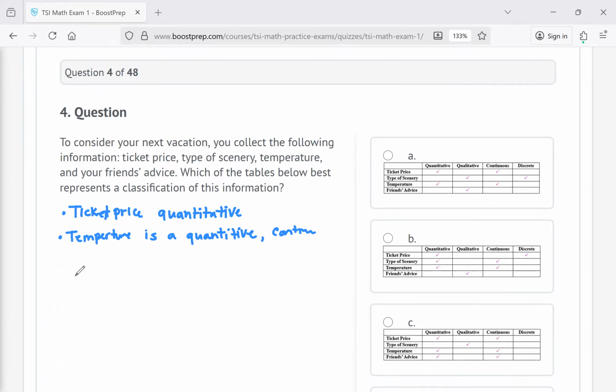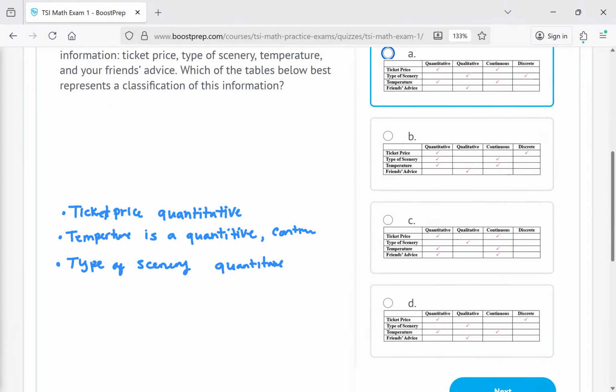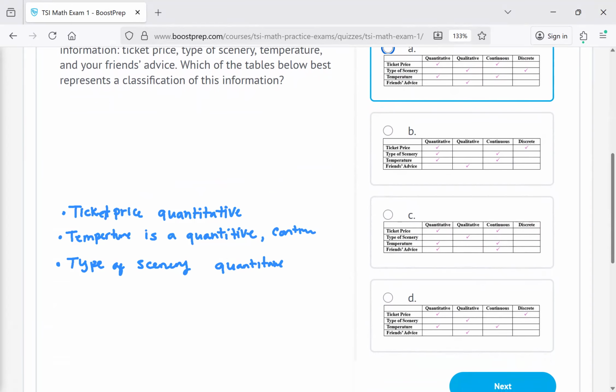I would say the type of scenery is also quantitative. So which one would that be? Ticket price quantitative, temperature also quantitative, type of scenery.